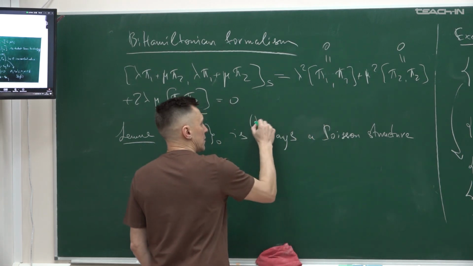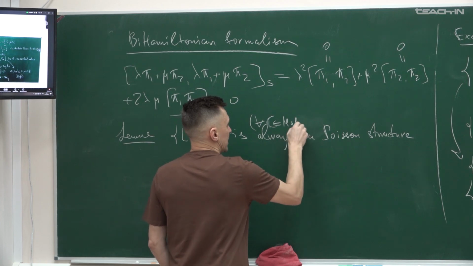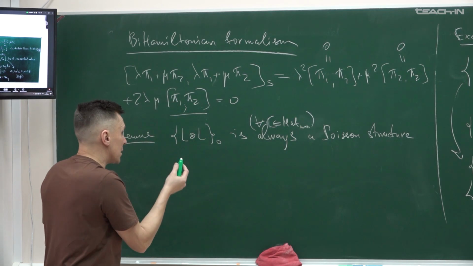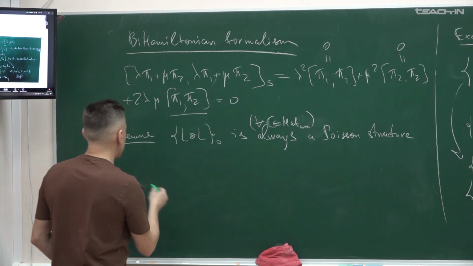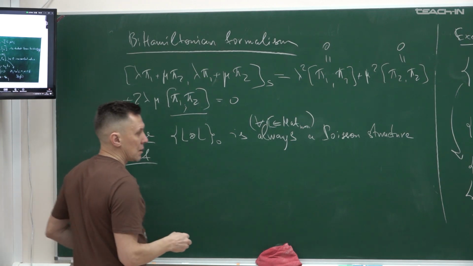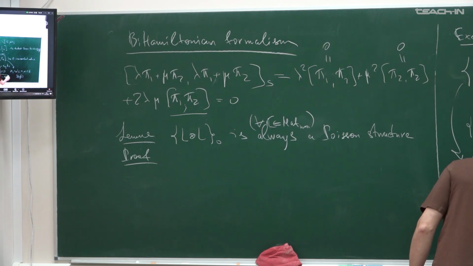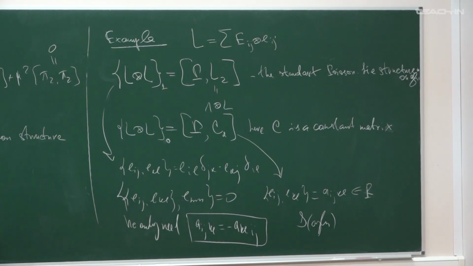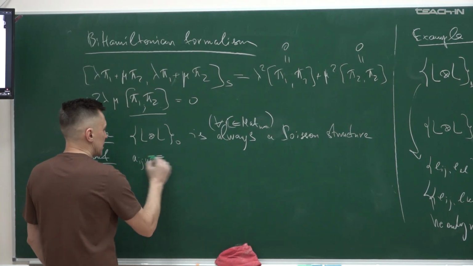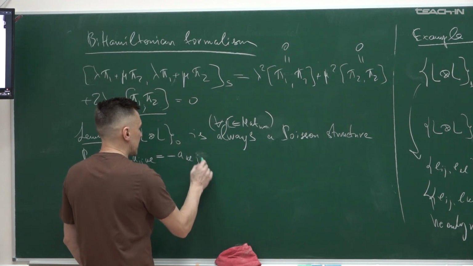Always means for all C in n by n matrices. So we need to demonstrate this property, A_ijkl is equal to minus A_klij.